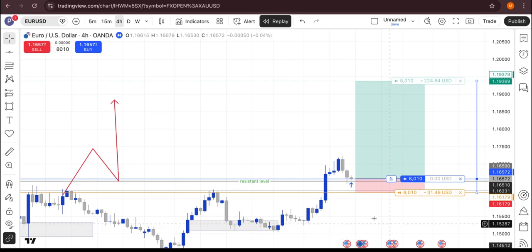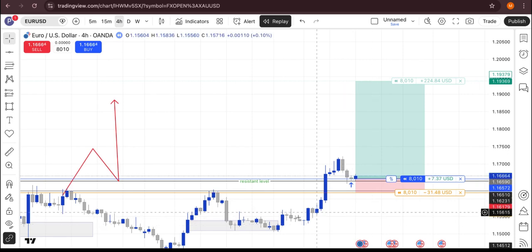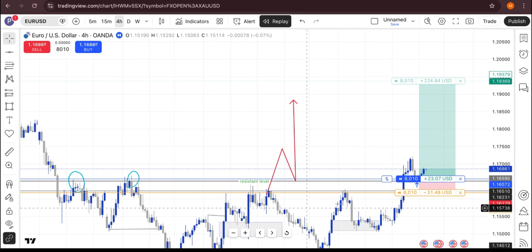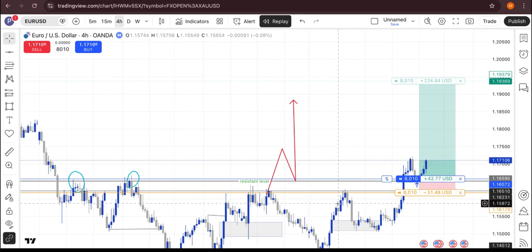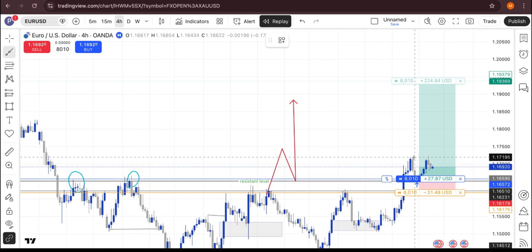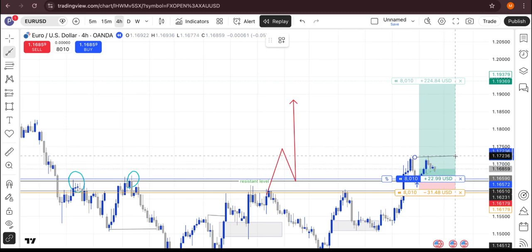So let's give it time to see how it's going to play out. Are we correct or are we wrong? That's exactly how we analyze our charts when we are trading these breakouts and retests. You can actually see this is also a previous high, right? Exactly.